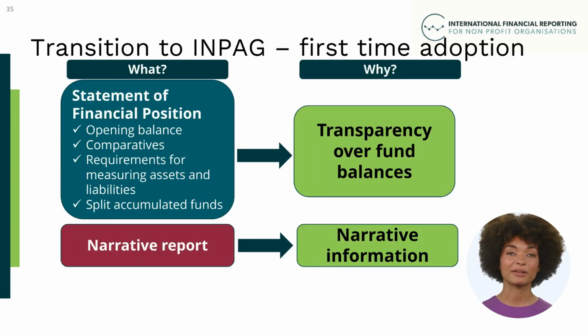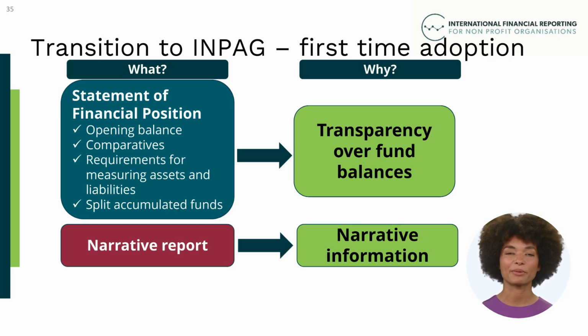Section 38, Transition to INPAG, applies to any NPO adopting INPAG for the first time. It sets out the requirements for recognizing and measuring assets and liabilities to create an NPO's first statement of financial position that is compliant with INPAG, and for the narrative report. In adopting INPAG for the first time, NPOs are required to provide comparative information for the previous reporting period.